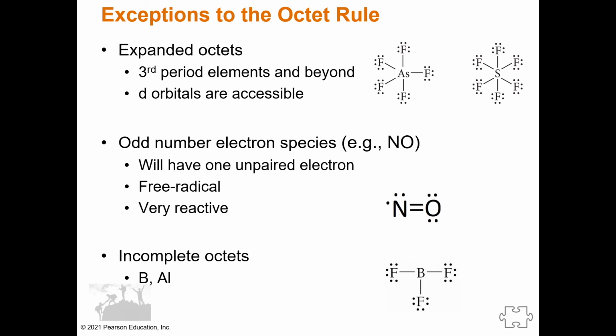When you go through the first step in writing out Lewis structures, you might come across some molecules that would have an odd number of electrons. Those are called free radicals or radicals, and there would be just one unpaired electron. That's the case for NO here. Also, don't forget about some of the elements that would form incomplete octets.